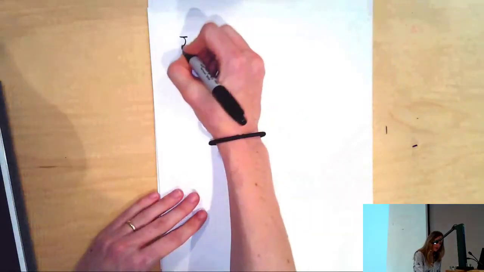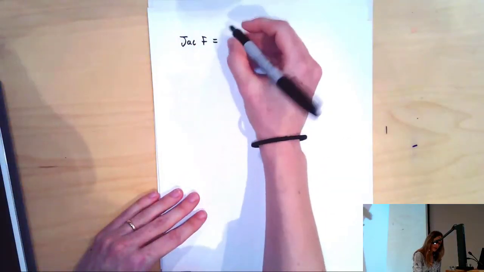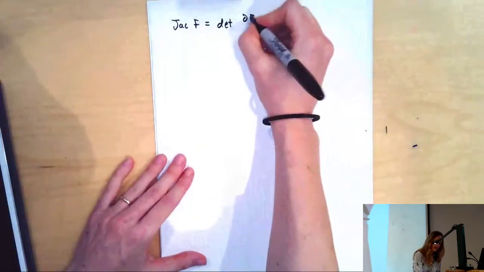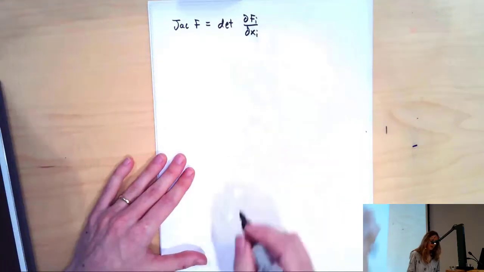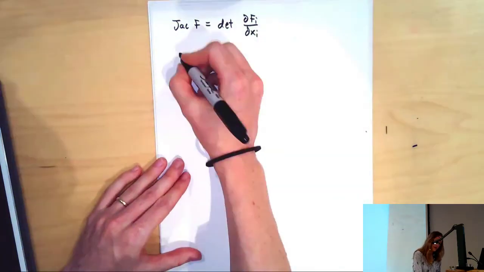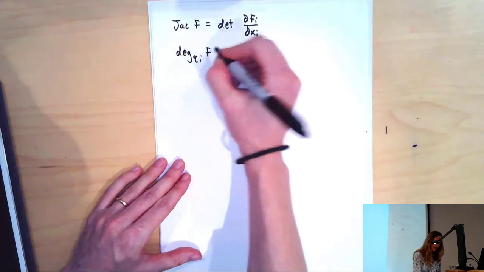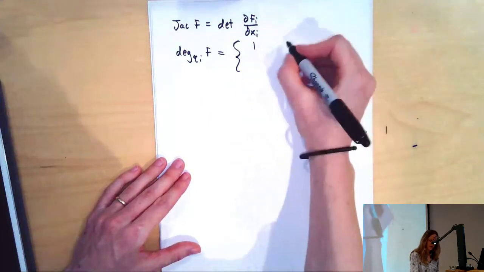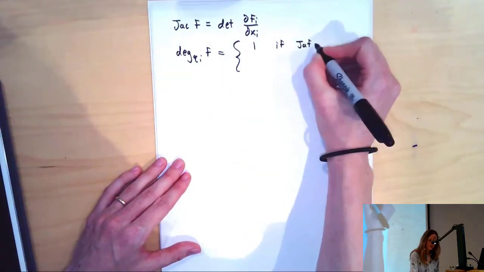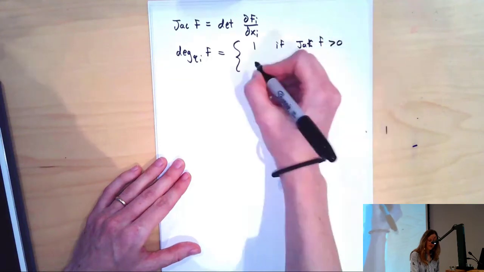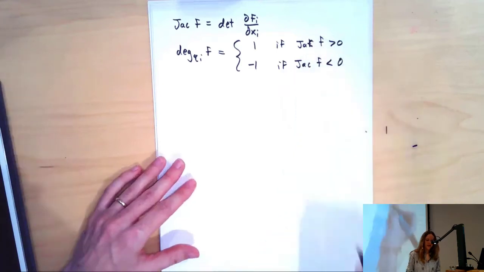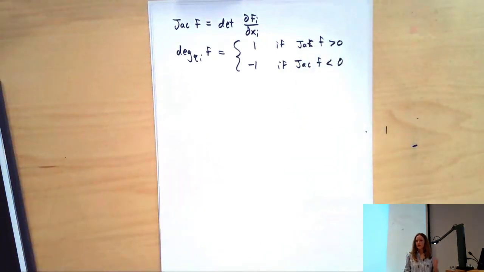The Jacobian of f is the determinant of the matrix of partial fi partial xj, and the local degree is 1 if the Jacobian is positive, and minus 1 if the Jacobian is negative. We can use this to concretely compute the degree of a map.